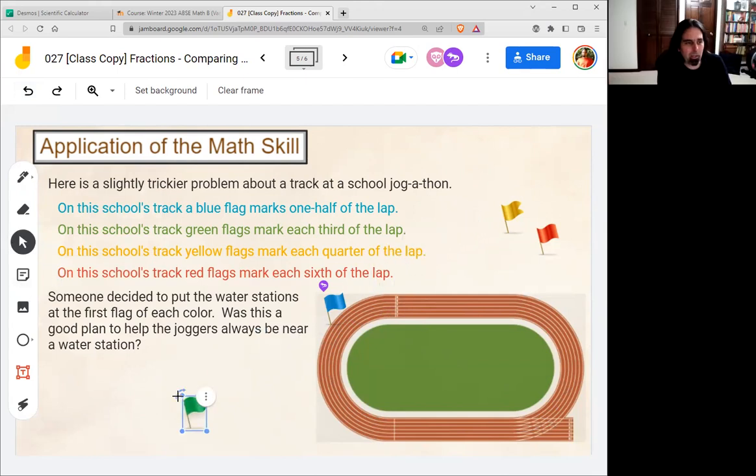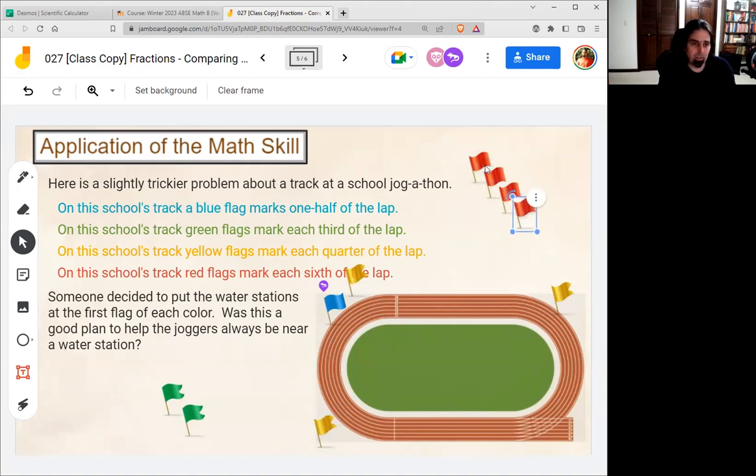So green flags, we're going to have 2 of them and they're going to mark thirds. Then the yellow flags, well, those are easier. We'll have 3 of them. Those will mark quarters, which is like every corner. And then the red flags, we're going to need a bunch of them.